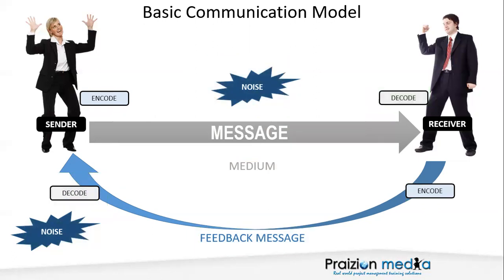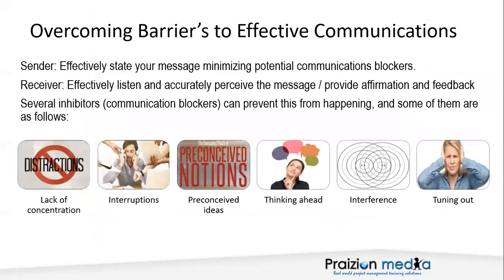Now, in every sphere of communications, there are, unfortunately, a number of barriers that could affect the message. The sender needs to effectively state the message, and the receiver needs to listen and accurately perceive the message. But there are several inhibitors, we call them blockers.